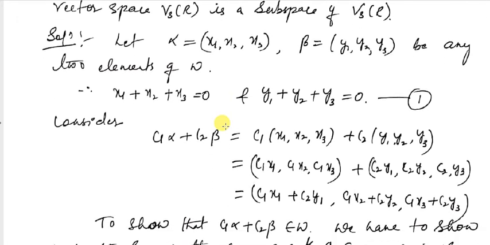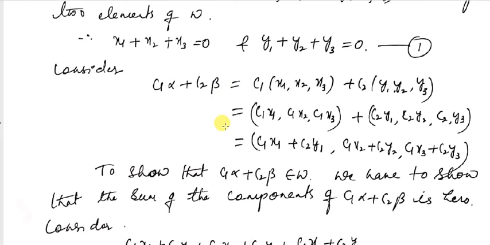Now let me have the condition according to the corollary, that is the vector addition and scalar multiplication in the form C1 alpha plus C2 beta. That is C1 times x1, x2, x3 plus C2 times y1, y2, y3. See how the scalar multiplication and component-wise addition will take place.